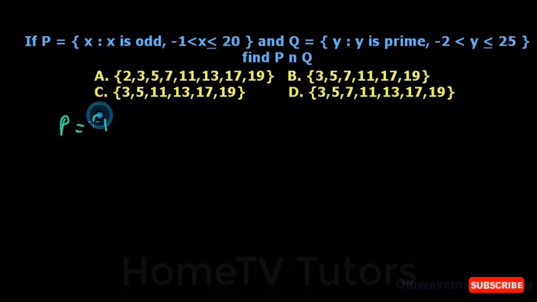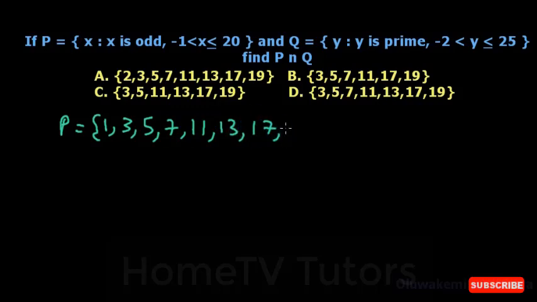1, 3, 5, 7, 11, 13, 17, and 19 as the odds between -1 and 20.